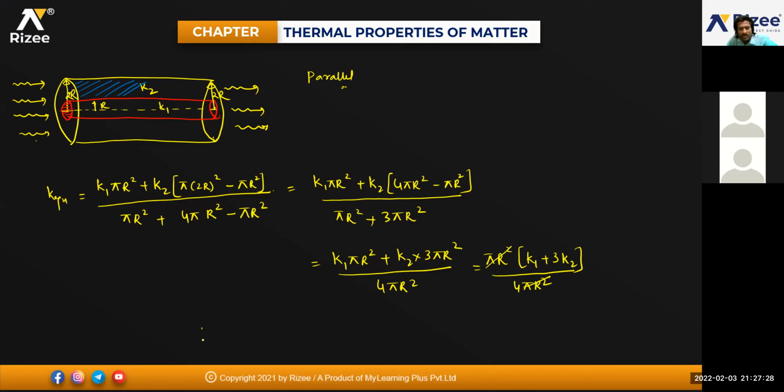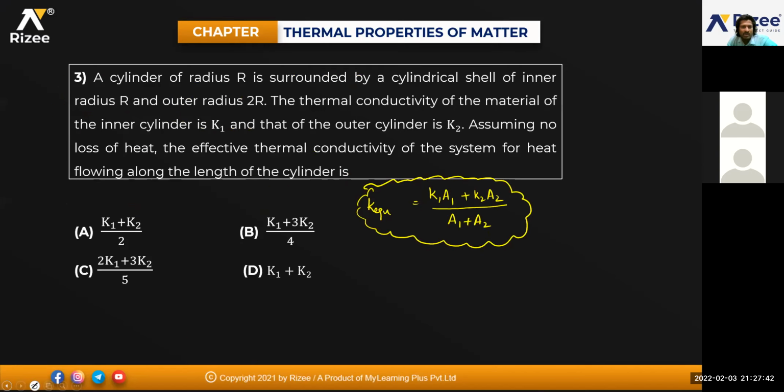The pi R square cancels, so K effective is K1 plus 3 K2 divided by 4. So this will be the answer. Which option matches? K1 plus 3 K2 by 4, second option. Got it, everyone?